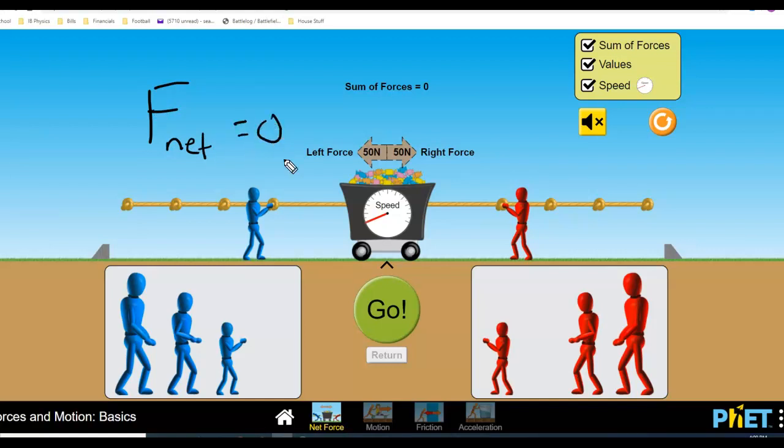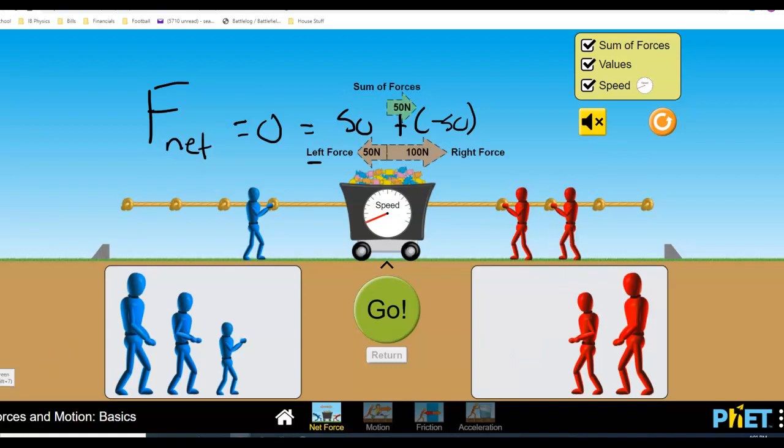Now, how do you get 0 from 50 newtons and 50 newtons? Because remember, this one is to the left, and the direction matters. The way you get 0 is you can think we're doing 50 plus negative 50. Net force is what you get when you add up all of the forces acting on an object. So for example, let's say I add another blue guy over here. I'm going to erase this.